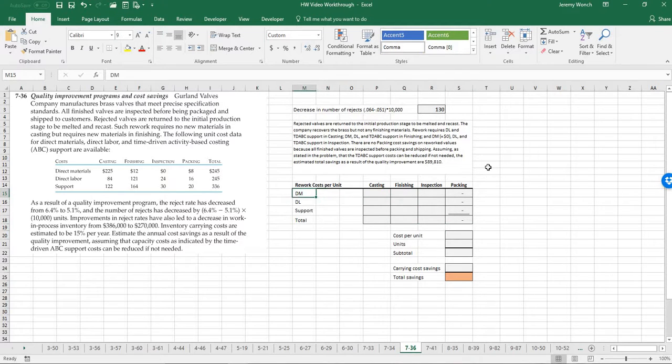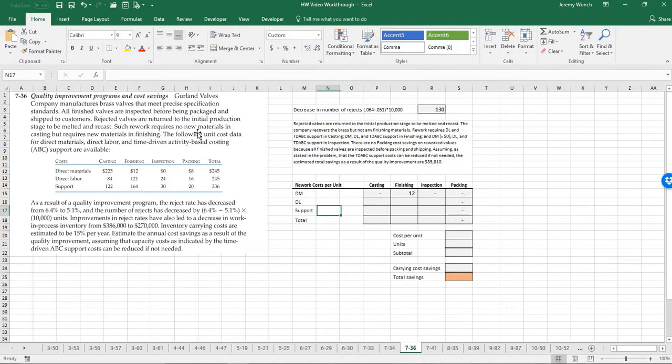For direct materials, we have no additional cost for casting, but we do for finishing, and that is $12 a unit. And then there's no inspection cost.